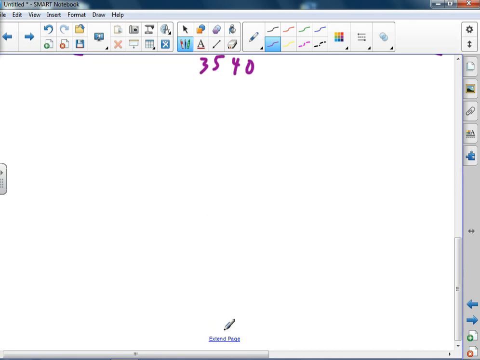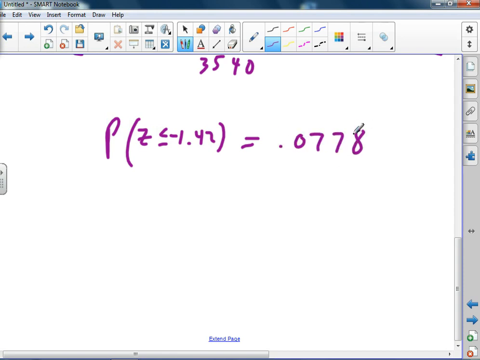Okay, so the probability for Z being less than or equal to minus 1.42. Go back to the back of the book again. 1.42 is 0.0778.